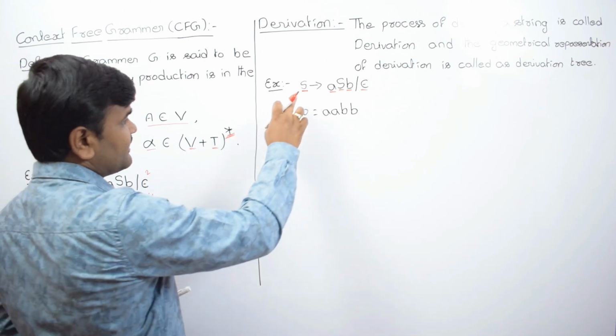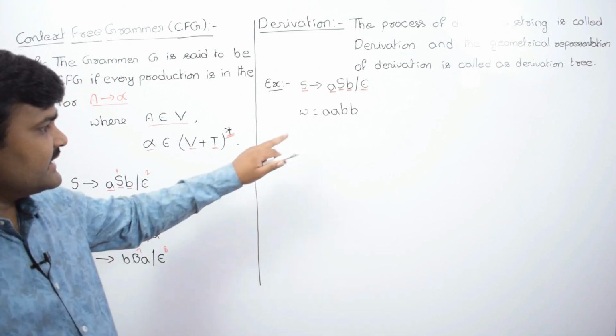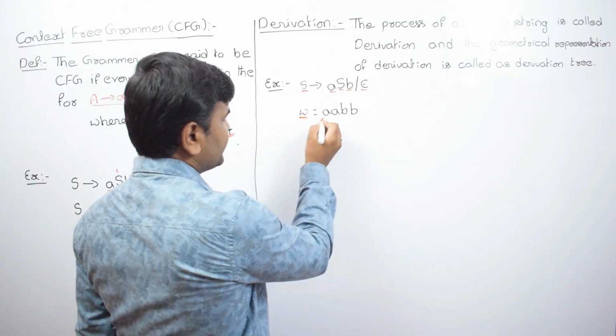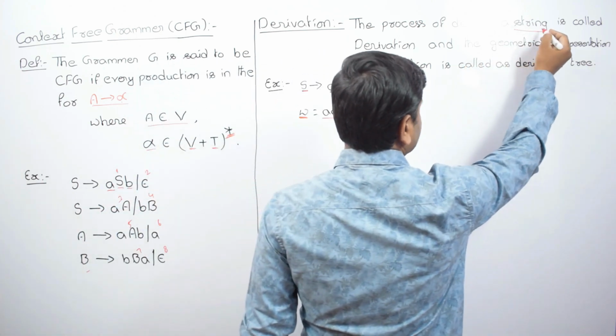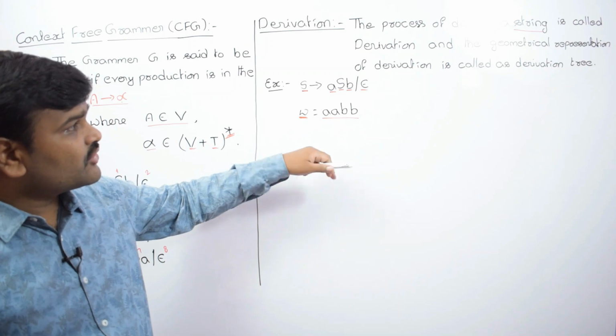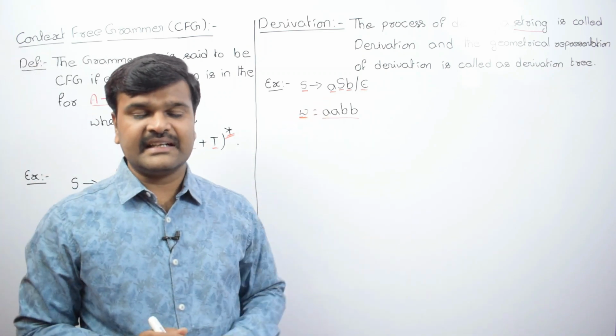So S is a variable, a non-terminal. The given word, the given string, is this one, and we are going to derive this word by using this grammar. That is the derivation.